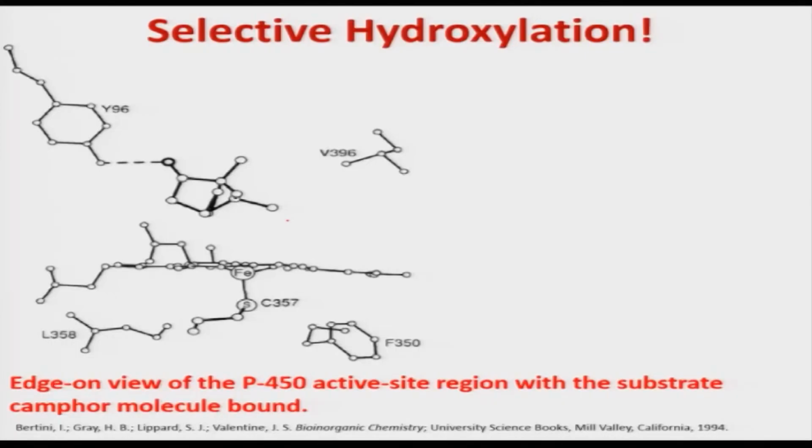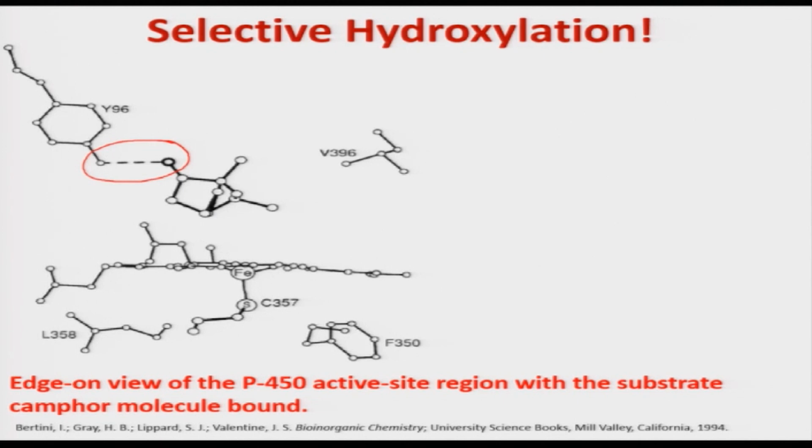Now, let us look at why such a hydroxylation process is so selective. This is the X-ray structure of cytochrome P450 with camphor as a substrate, and as you can see, the substrate camphor is located in a hydrophobic pocket directly above the heme and is oriented by a hydrogen bond between the carbonyl oxygen of the camphor and tyrosine 96. You see that this hydrogen bonding actually directs the camphor.